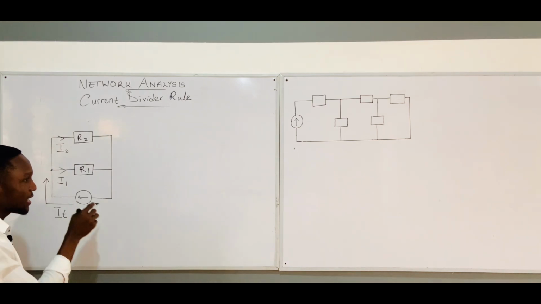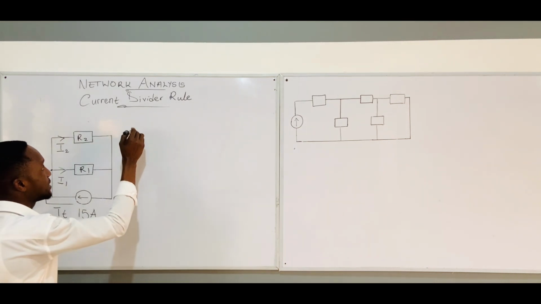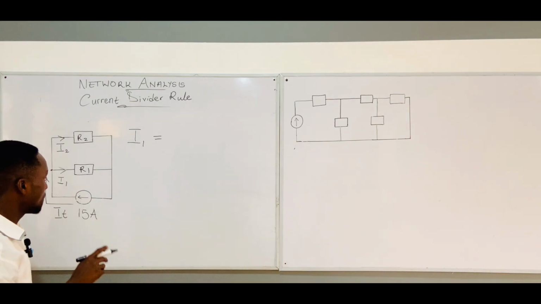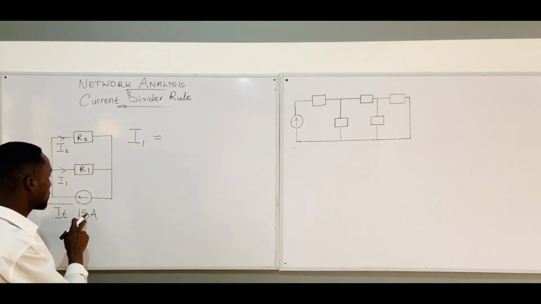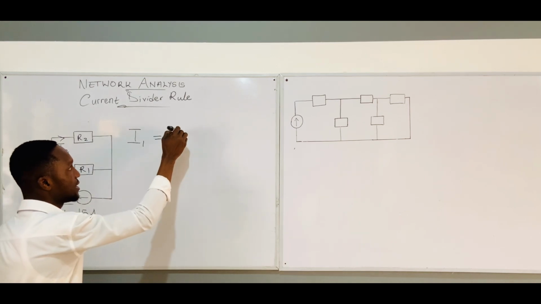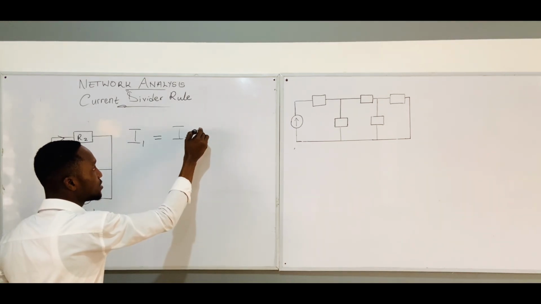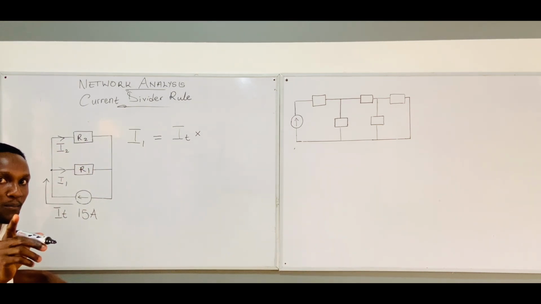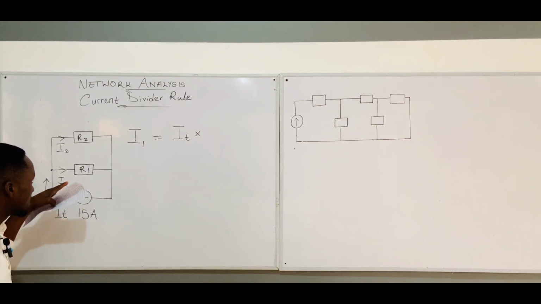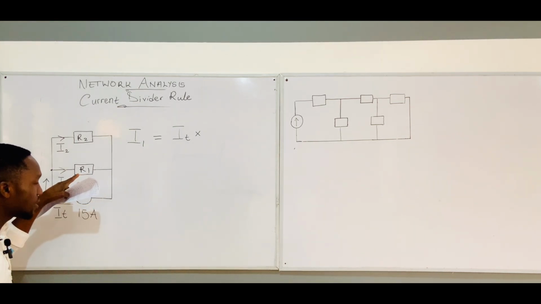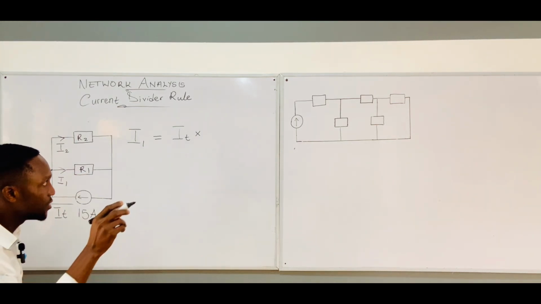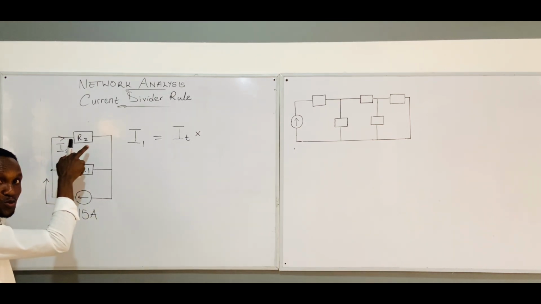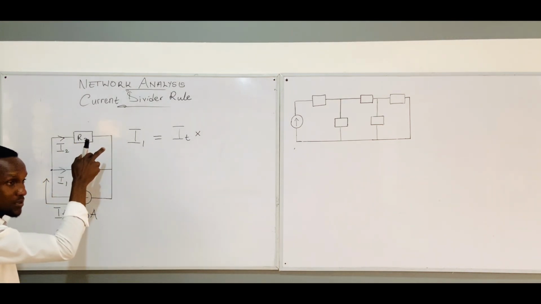If I want to find I1, I'll write I1 equals, and the current divider rule says the first thing you need to do is take the total current, IT, and multiply it by the opposite resistor. Why am I saying that? Because this current is inversely proportional to this, so I do not need to multiply by this one. I'll multiply by the opposite resistor, the one that I1 is not passing through.